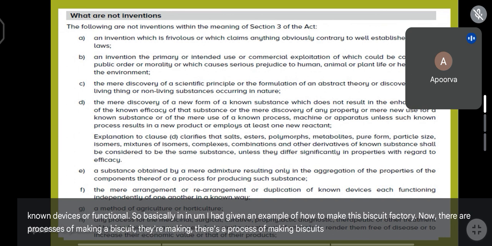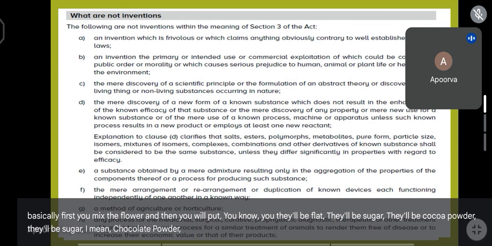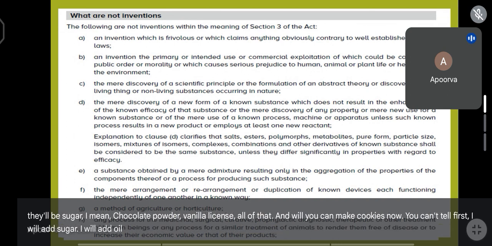First you mix the flour, and there'll be flour, sugar, cocoa powder, chocolate powder, vanilla essence, all of which you can use to make cookies. Now you can't say first I will add sugar, I will add oil, and then I will add atta. Just by rearranging the processes, you cannot say that you have invented something.